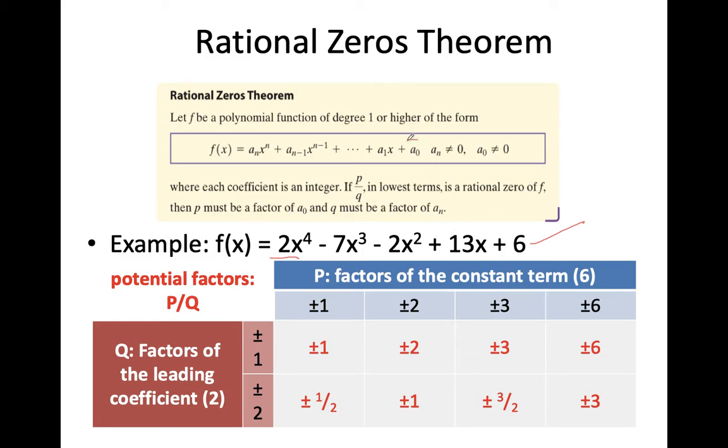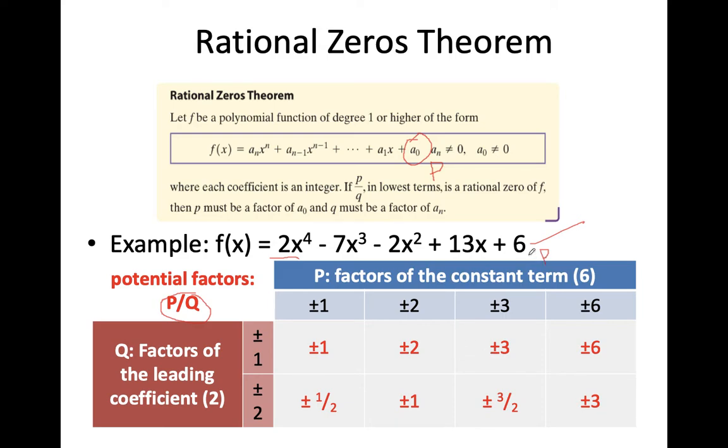A naught is here. So p is a factor of this value, and q is a factor of the leading coefficient. And our real zero will be in the form of p by q. By this, what we mean, we will say in a while.